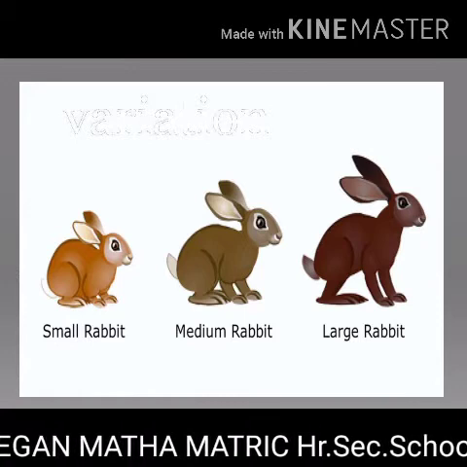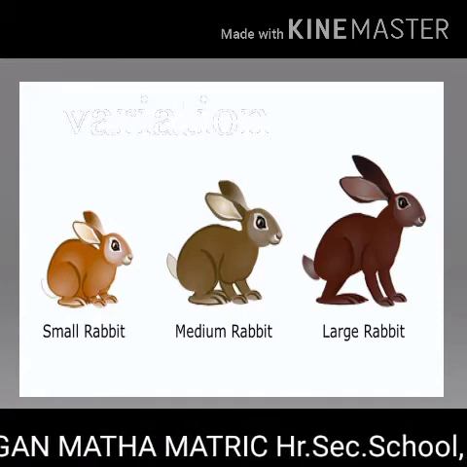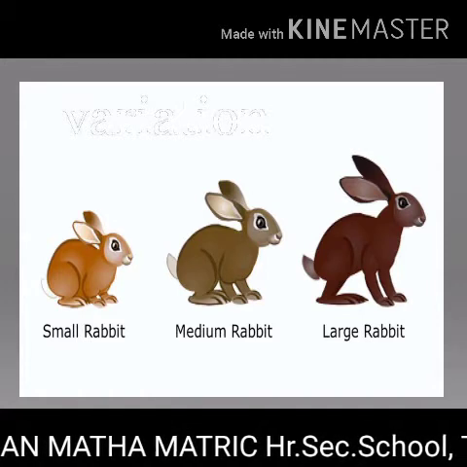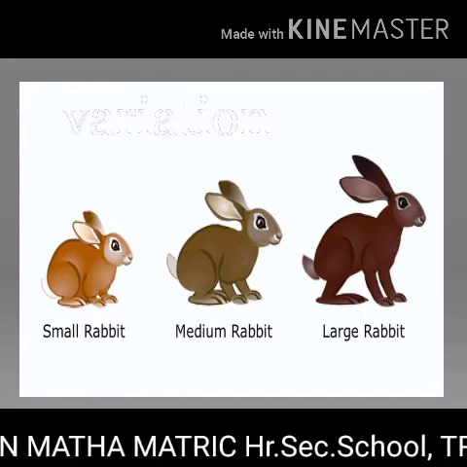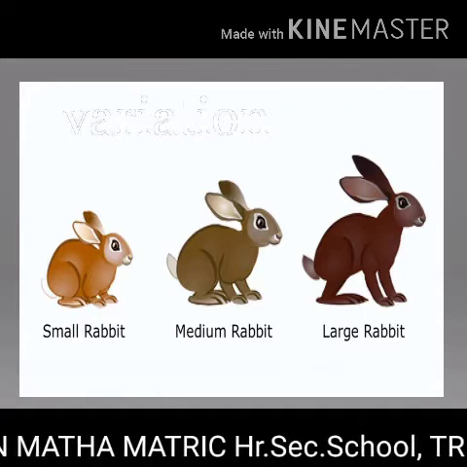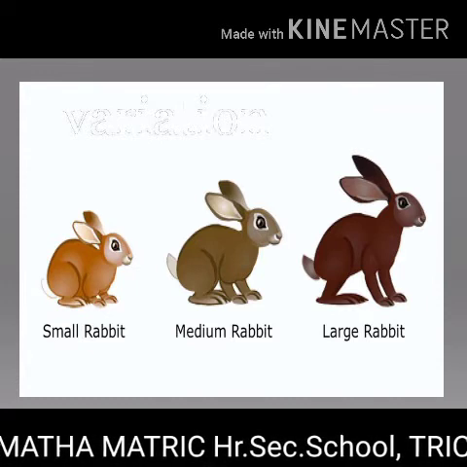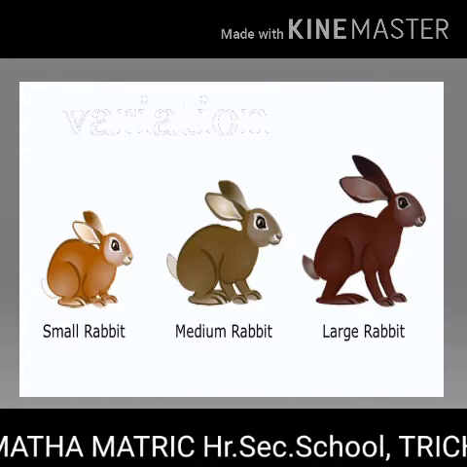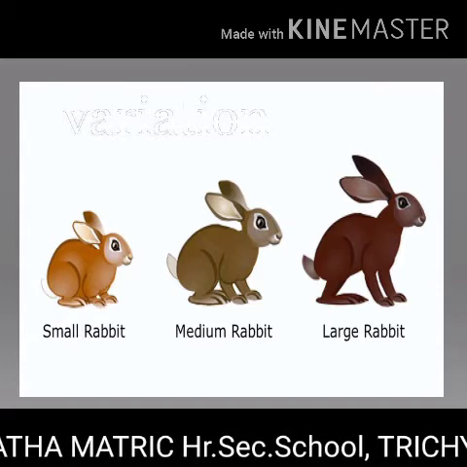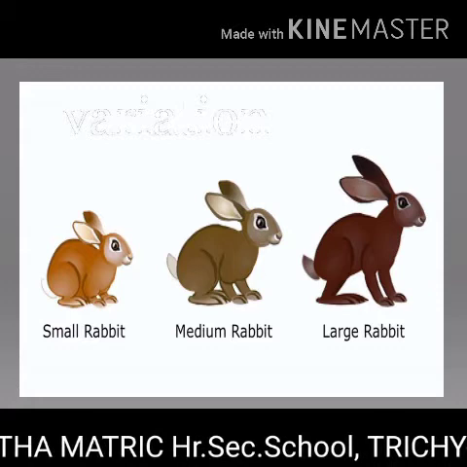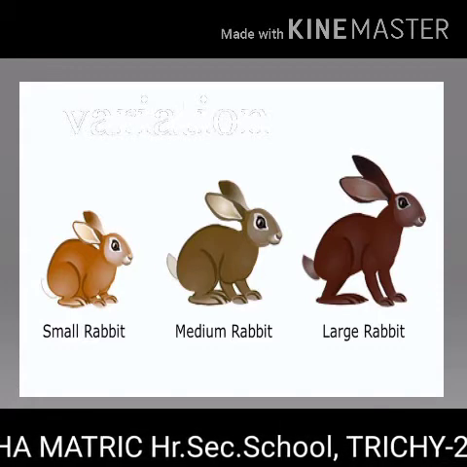Variation: the organisms belonging to the same natural population or species that show a difference in the characteristics is called variation. Variation is of two types: discontinuous variation and continuous variation.